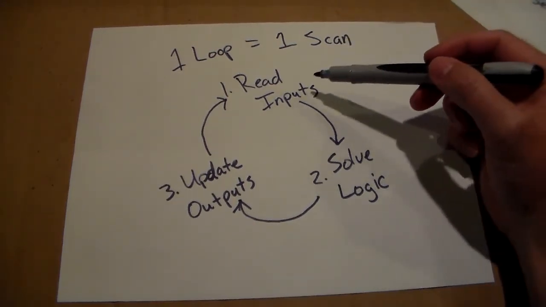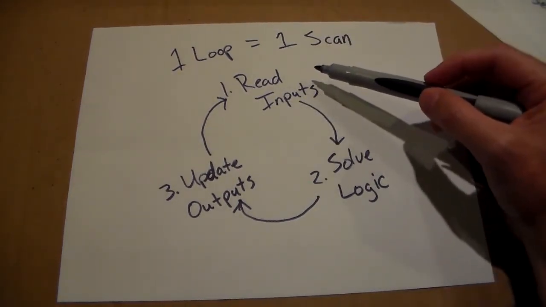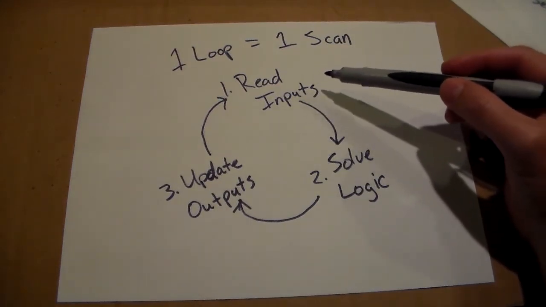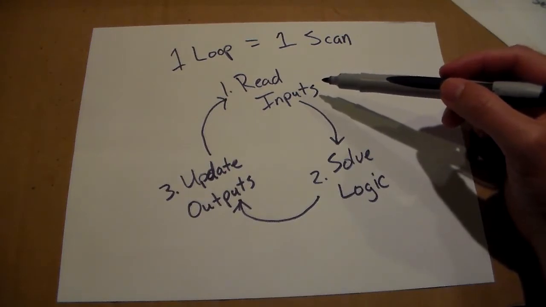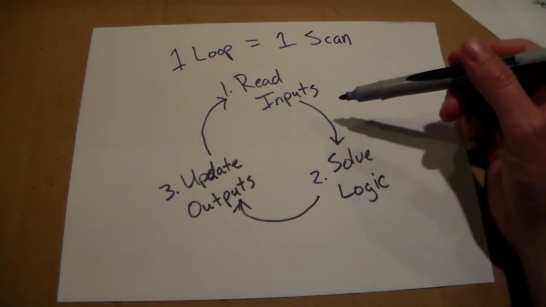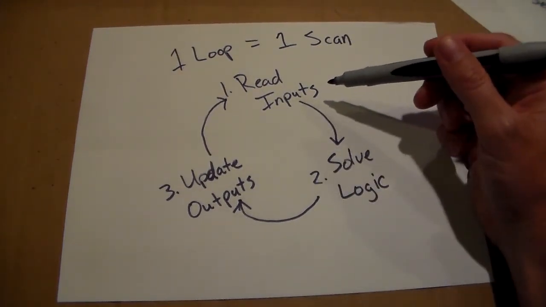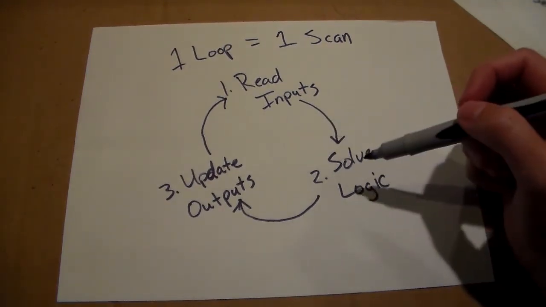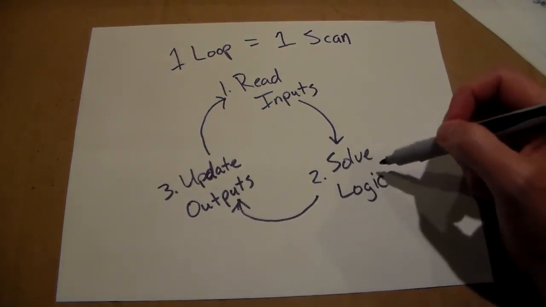But let's talk about what I mean by read inputs. So those Phillips head screws that we talked about earlier, we need to go check and see which one of those Phillips head screws have power on them or not. So is anybody pressing any buttons, or has somebody let off the button that they were pressing on the last scan? So let's go check all the inputs, see if they have power on them or not. Wherever those inputs are used in the program, we need to update that and solve the logic.